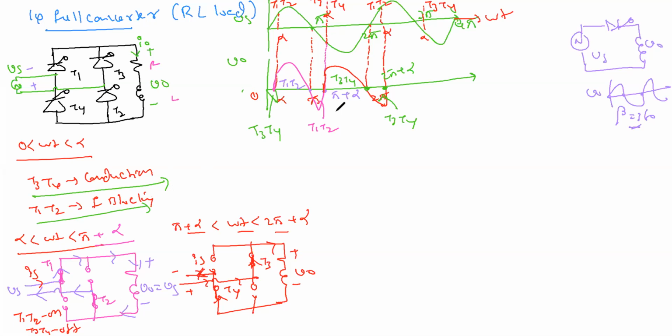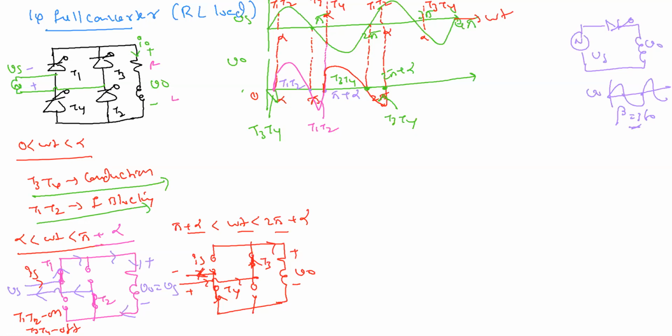So please mention this point. In this case, only one point I would like to mention. T1 T2 will conduct until the next set of SCRs are triggered. That is, it conducts from alpha to pi plus alpha.